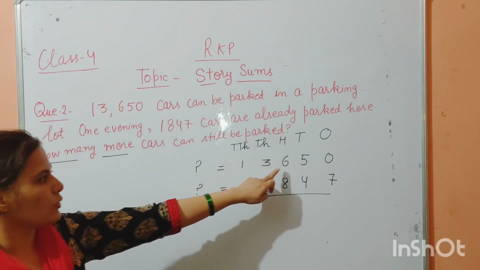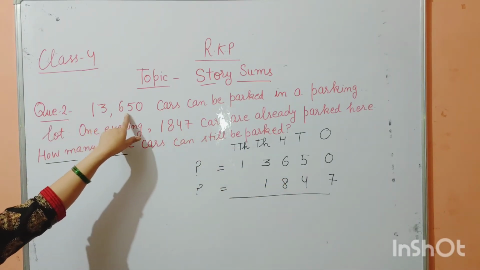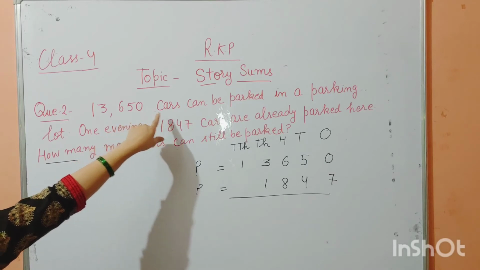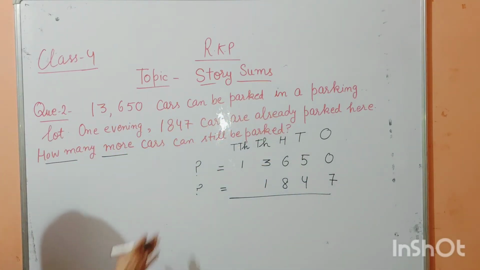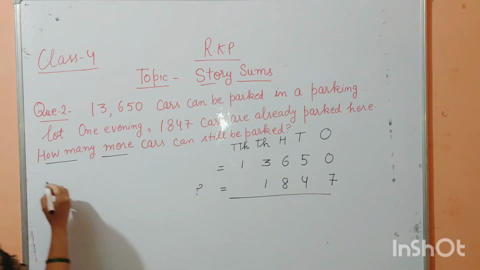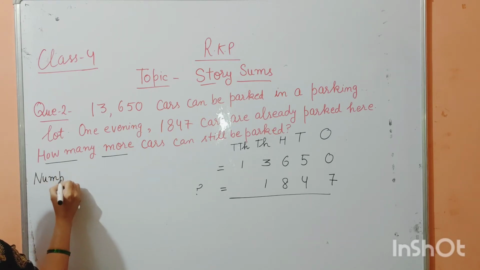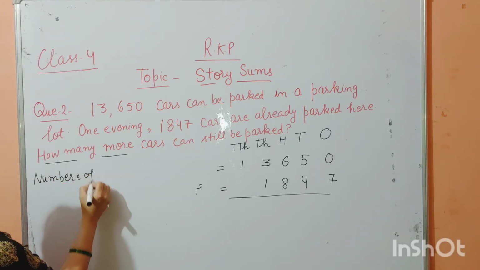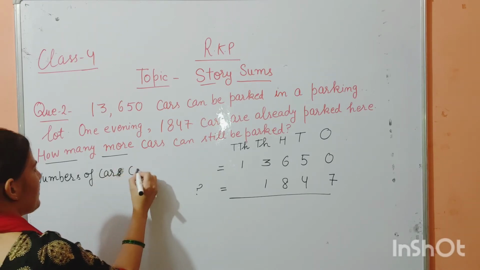Okay, and ask the question. What is 13,650? Find that sentence. That is 13,650, and what information does it give? Cars can be parked in a parking lot. So extract your statement from this given information: number of cars can be parked.